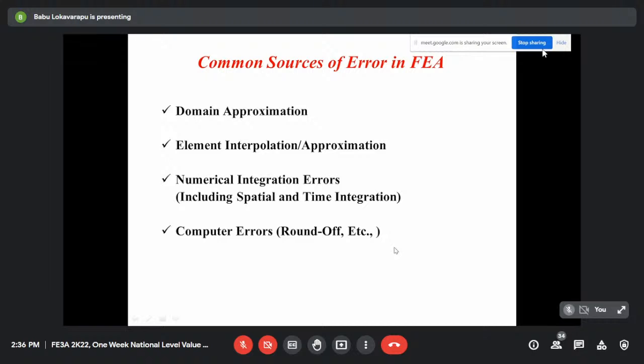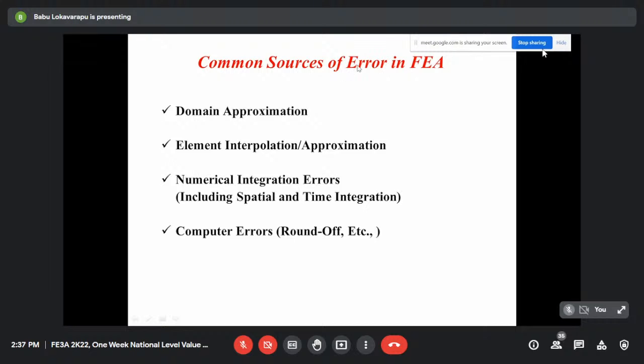Basically, finite element analysis is an approximate tool. The first thing you should remember is that whatever you get from FEA is approximate. Unless you make major mistakes, the solution will run and you will get some result. But you should know how to validate your result, whether it is working correctly or not. Before validation, you need to do the convergence. I'll show you how to do that.